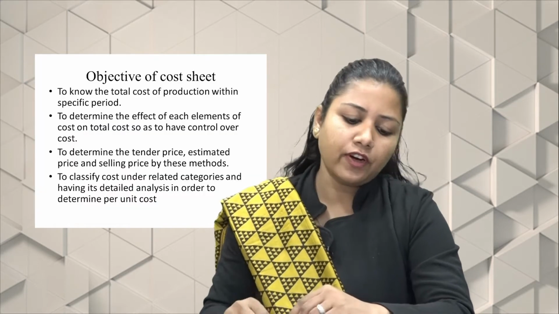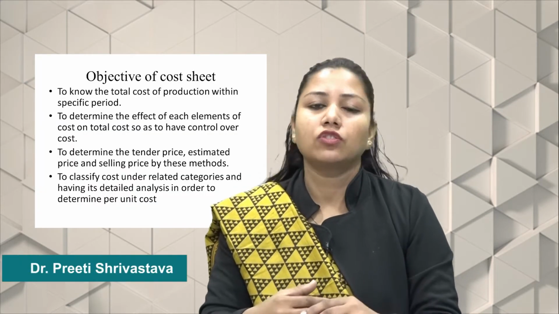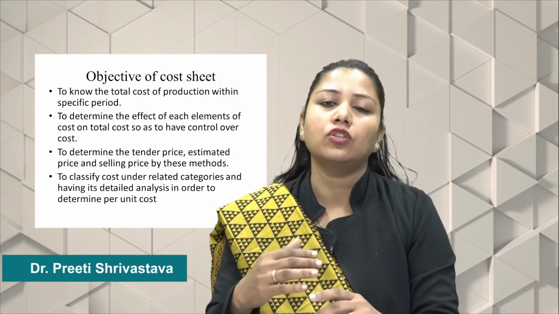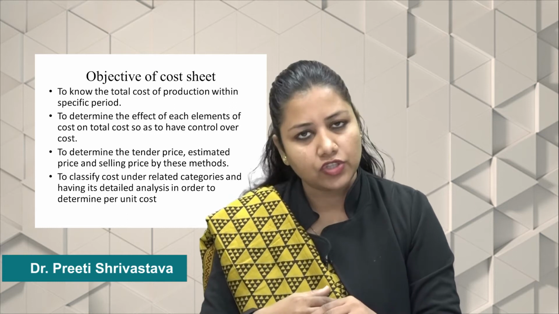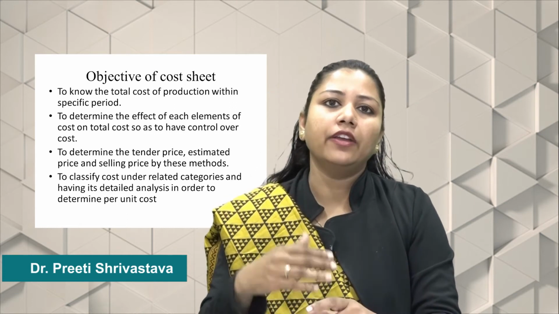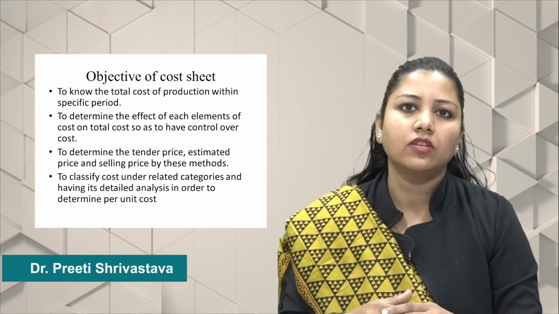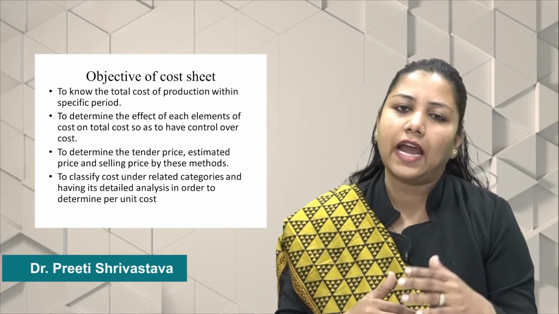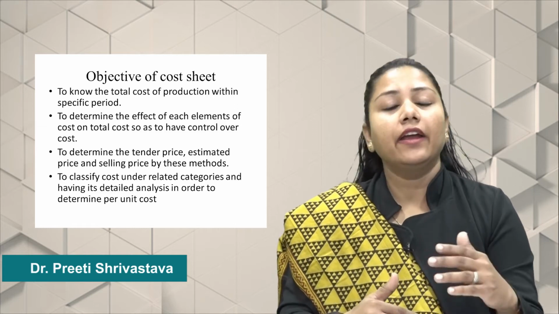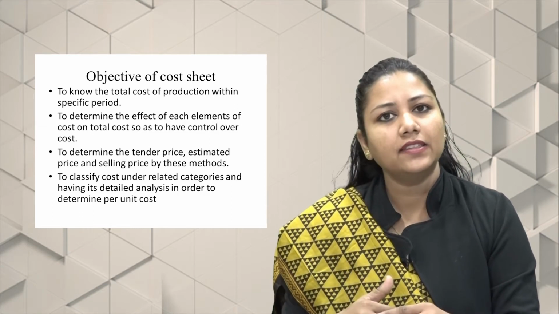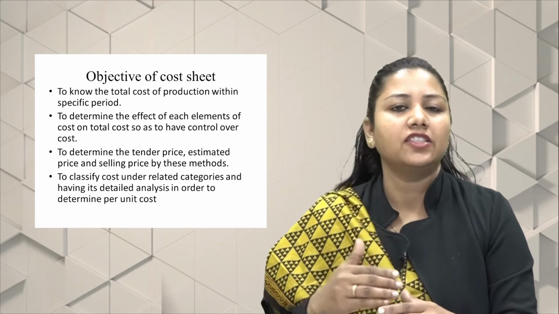There are many objectives of the cost sheet. First, to know the total cost of production, the total output of the production and the cost per unit. Second, we find out the various elements like prime cost, factory cost, selling cost and administration cost. With the help of the cost sheet we find out the tender price, selling price and estimated price.